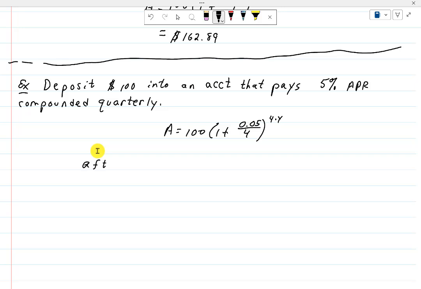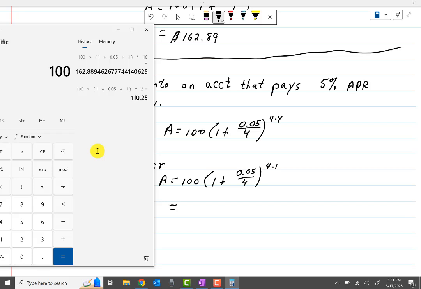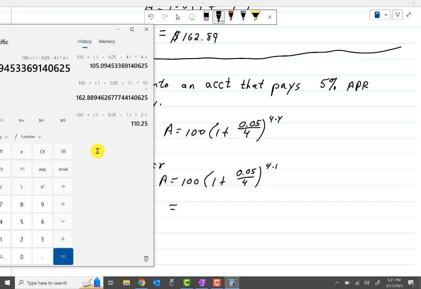So after 1 year, here's what we have. The 100, start my parenthesis, 1 plus 0.05 divided by 4, end my parenthesis. Now the exponent is just to the 4th power. And here I have 105.09.